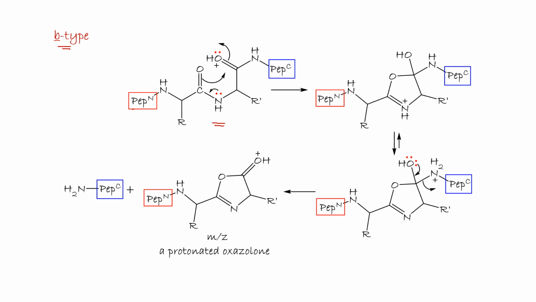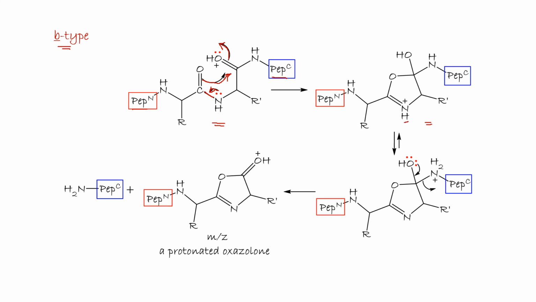Here we have the N-terminal residues, and here the peptide C-terminal residue, and we have the amide bond here. A lone pair will move to form a double bond, and here will attack this carbon, breaking the double bond to form a single bond, leading to the formation of this species.